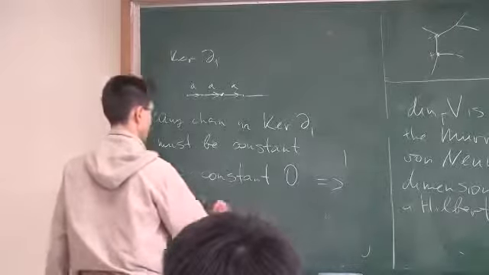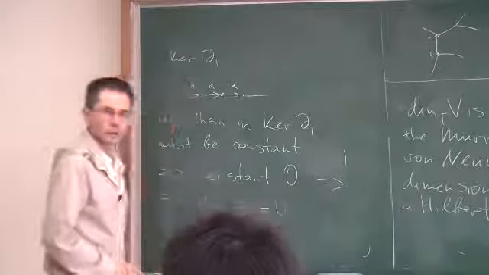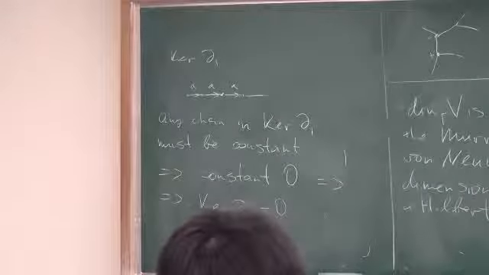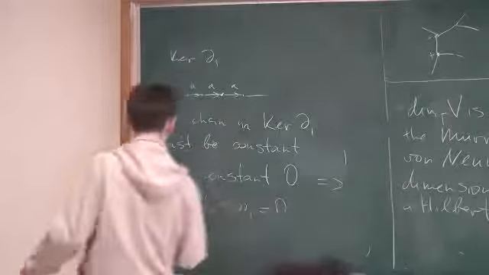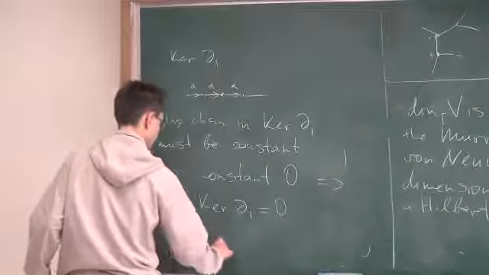So the kernel of D1 is 0, which says that this map is injective. So D1 is injective.